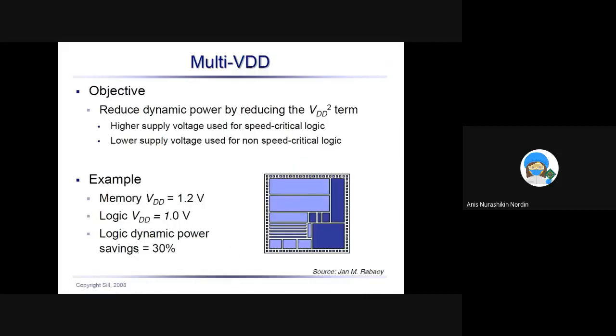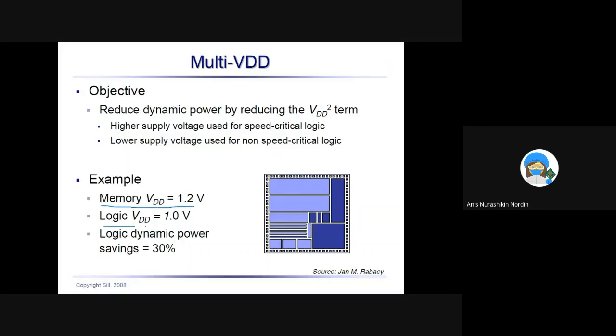Okay, so this is how your chip will look, right? For example, you want to reduce the dynamic power by reducing VDD squared. If you look at just now, which guy has to have lower VDD? In the earlier case, A, B, C, and D, everybody else will have lower VDD except for Mr. D. Mr. D is the memory, he will have higher VDD so that memory can run faster.